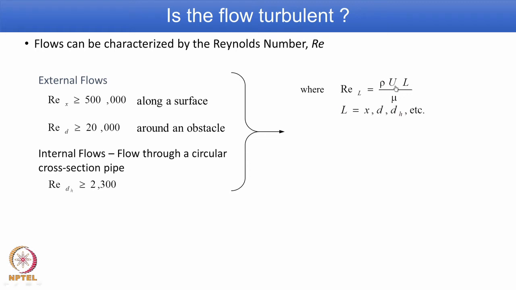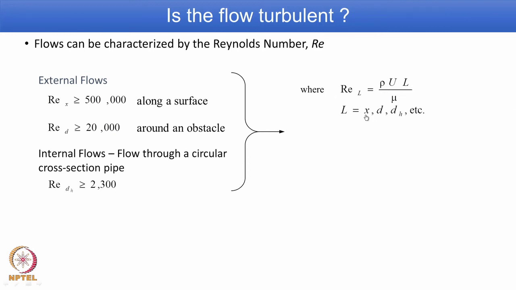So, we have to carefully interpret U and L. U stands for velocity scale, L stands for length scale. That is why you see here length can be x, which is the distance from the leading edge or from the source. It can be the diameter of the pipe or it can be the hydraulic diameter of the pipe. Depending on the definition of U and L, for the same flow you can have a different Reynolds number and you have to carefully use the subscript.